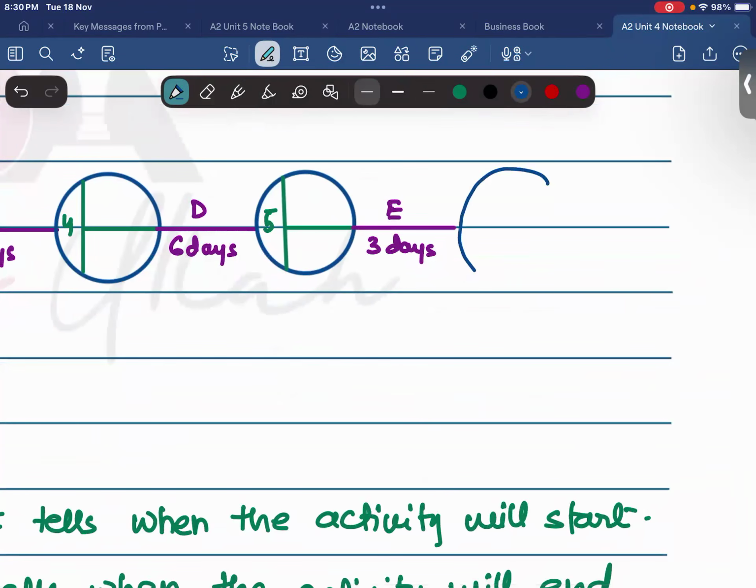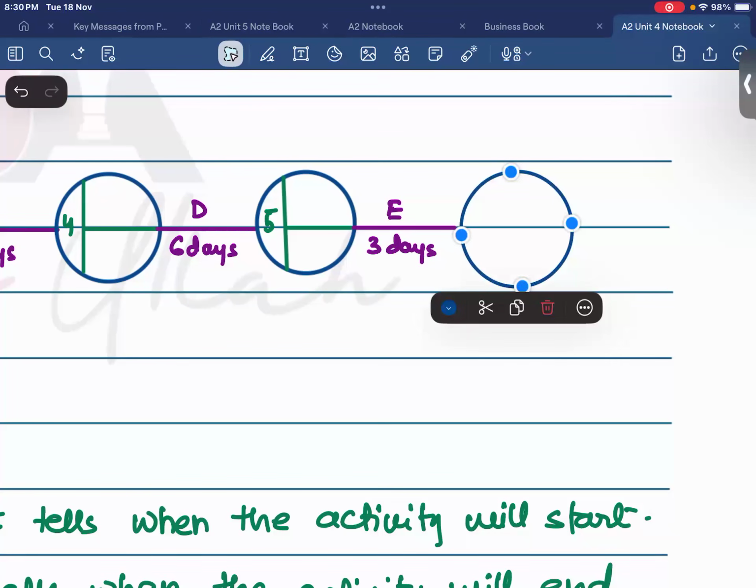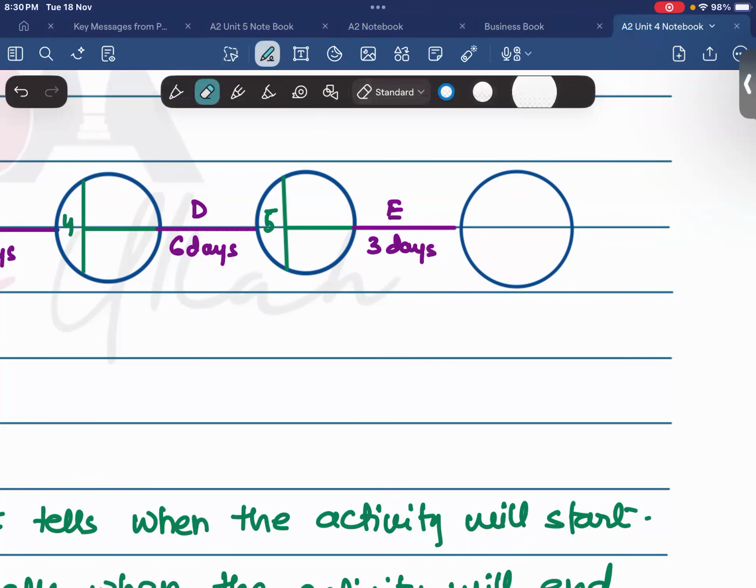So we are going to make another node over here, which will be the final node to end our project. So here we have the final node. This is your node number 6. And here our project is ended.